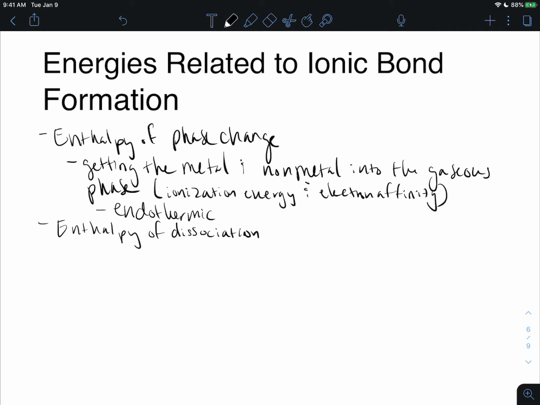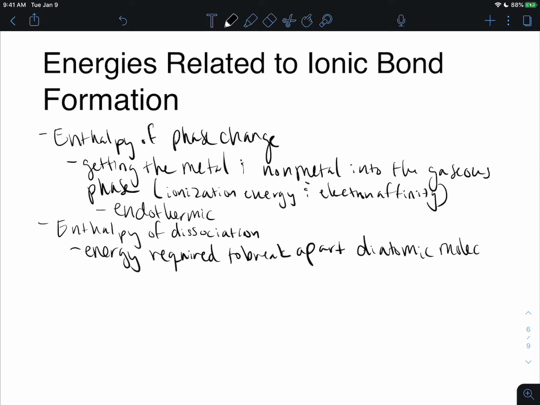So a lot of times we'll have diatomics we need to break apart into atoms. So this is going to be the energy required to break apart diatomic molecules into atoms. Okay, this is also going to be endothermic. It's going to require energy.